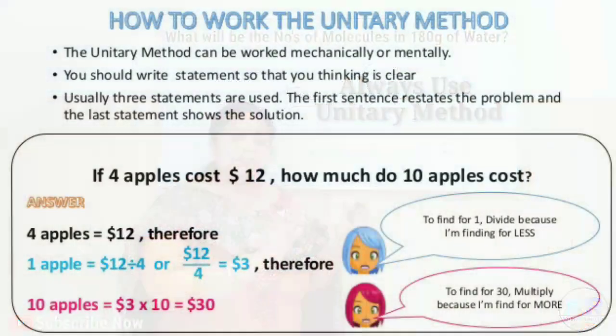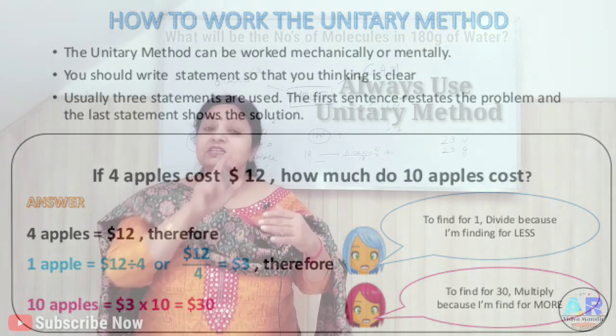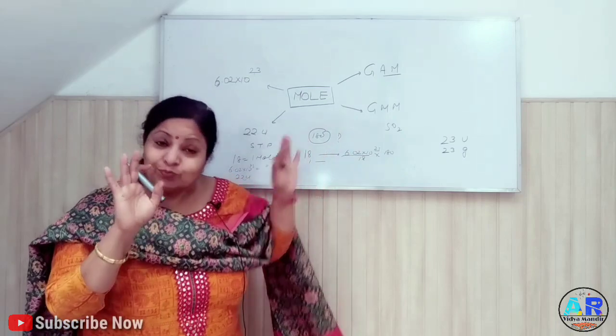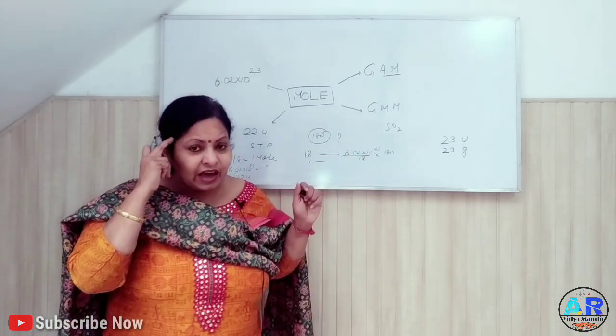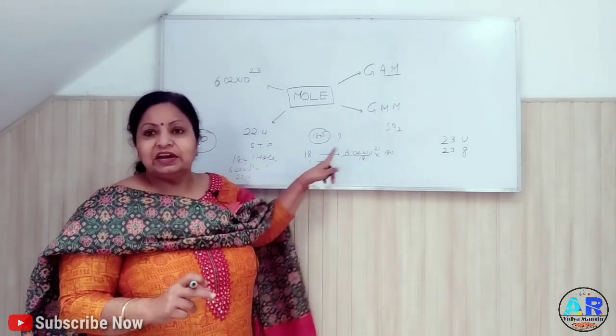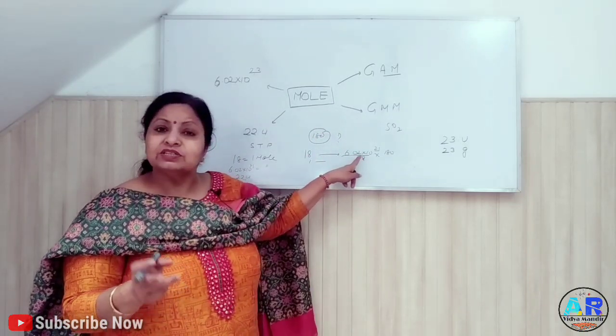In the unitary method, the substance which is to be found is taken to the right side and the given equation which is a universal truth is written first, because 18 grams consists of 6.02 into 10 raised to power 23 molecules. This is a mole. What we have formed a concept that this is 1 mole, this is 1 mole.